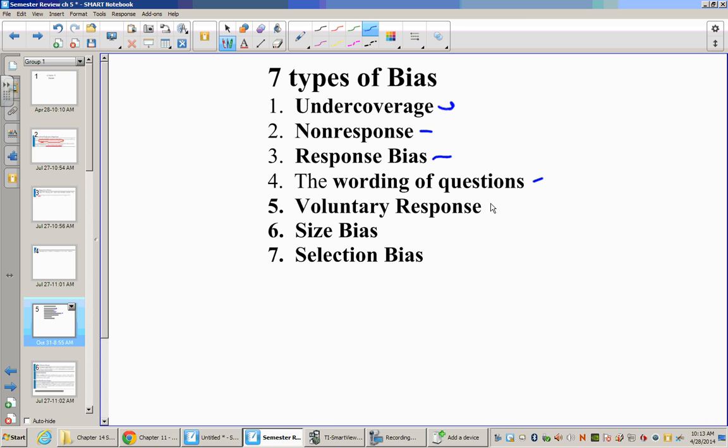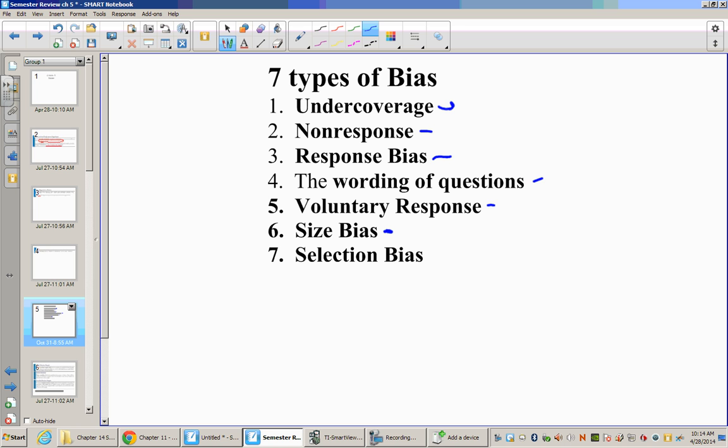A voluntary response is like a mail-in survey or a TV show that people can respond to if they want to, or not respond. This way, only the most passionate about a particular issue will get their voices heard. Size bias.